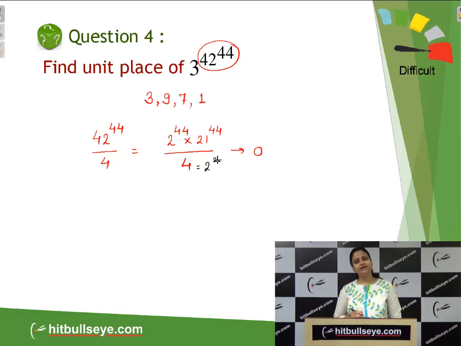Or I can say that the power is a multiple of 4. Whenever we get a power that is a multiple of 4, the answer will be the last place of the cyclicity, which is 1 in this case. So 1 will be the answer.